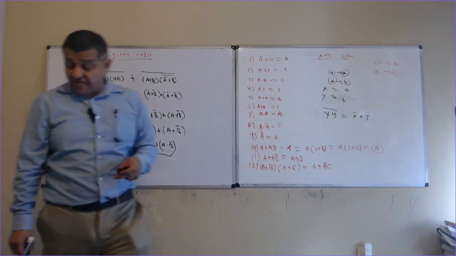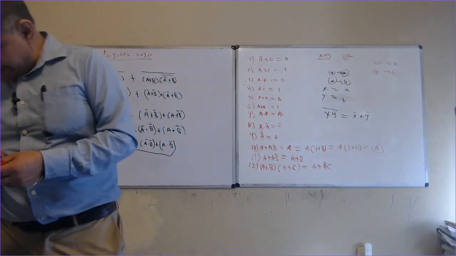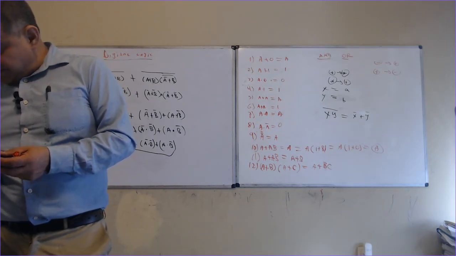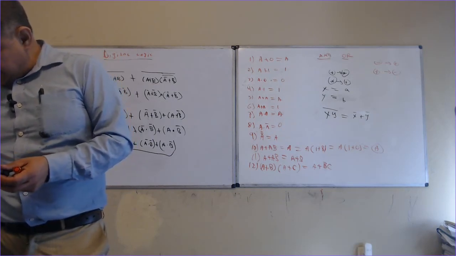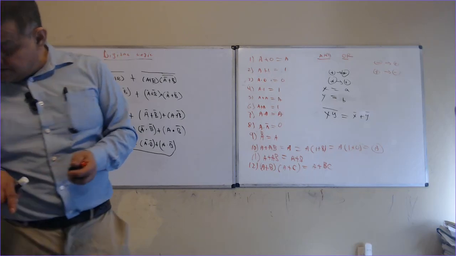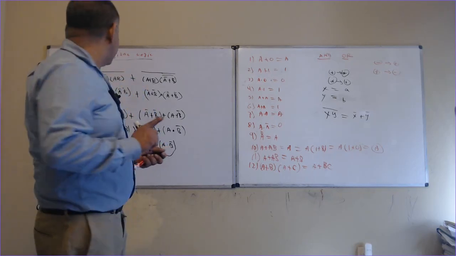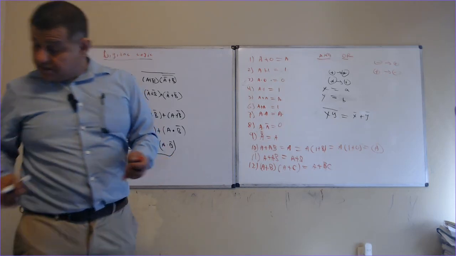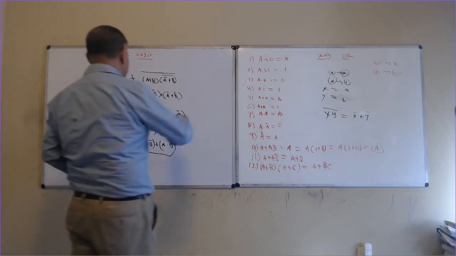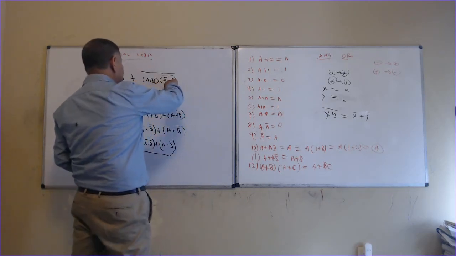You can play with factoring and combining and doing a bunch of things, but at the end of the day, actually, I think, let's see. Okay, I think I wrote this problem wrong. So this is the only thing that is wrong.